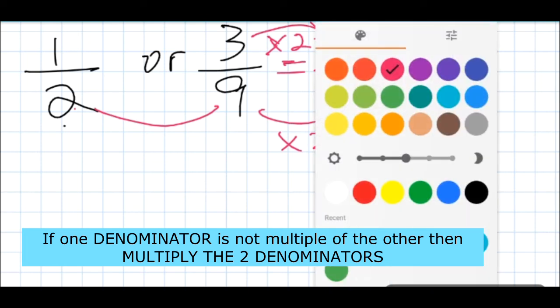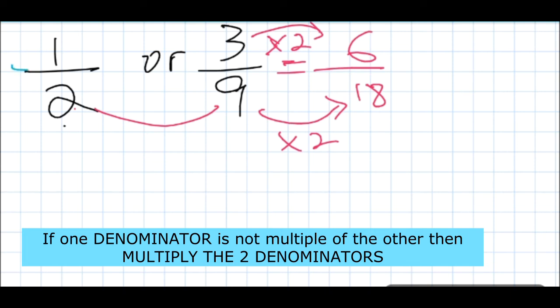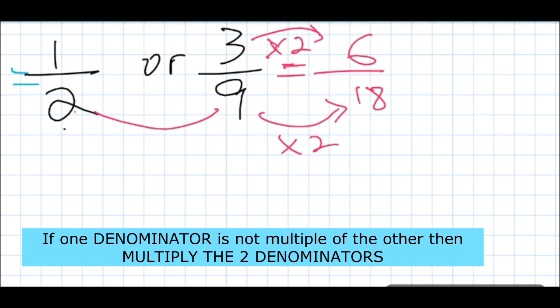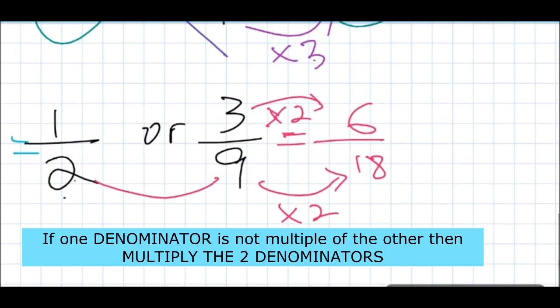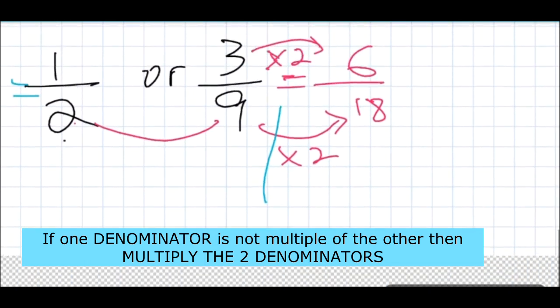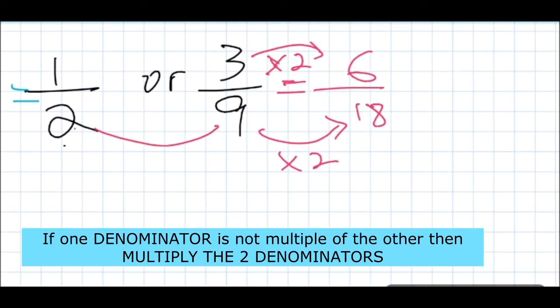On the other side, right, I'm running out of space on this one here. I will, on the other, let's do it a little bit lower. We'll do it a little bit lower than where it's currently. So the 1 over 2, we now have a denominator of 18, because 2 multiplied by 9 give 18, right?